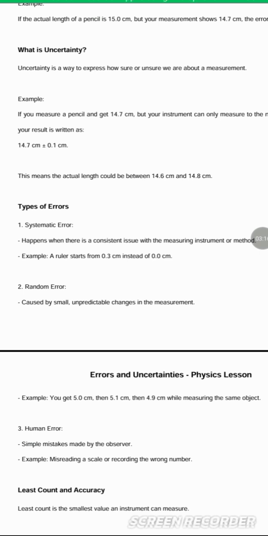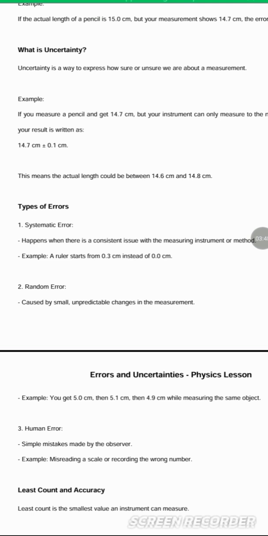For example, your ruler starts from 0.3 centimeter instead of 0. Even if you measure perfectly, your result will always be wrong in the same way. That's called systematic error. It affects every measurement equally, be it your friend's measurement or another group's measurement. All of you will have something wrong about your measurement.